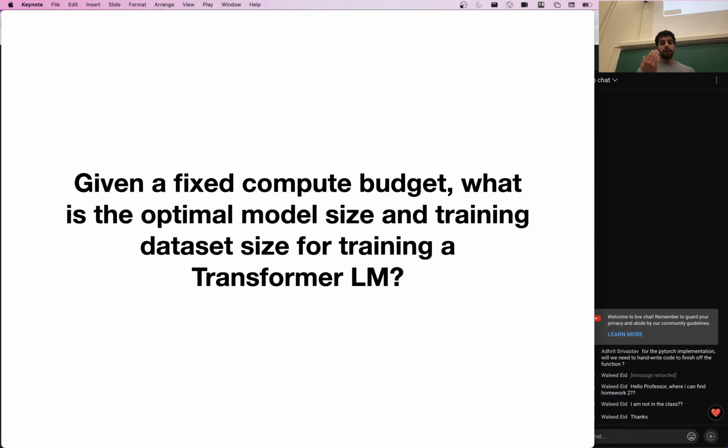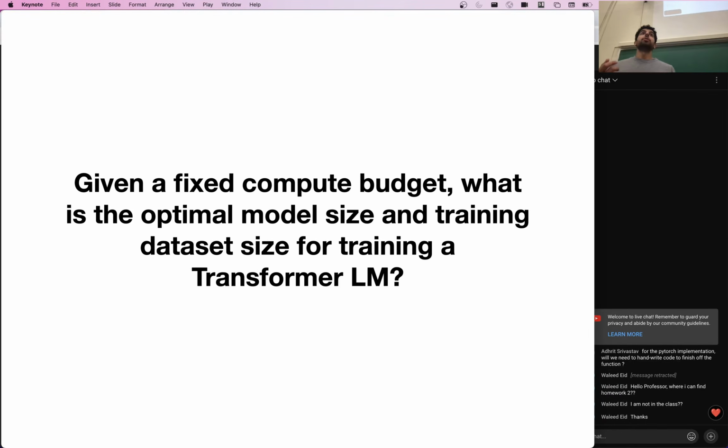Because if we wanted to empirically measure this, we would have to train a huge number of language models with different compute budgets, varying the model size and data set size, and then try and fit some sort of curve to predict for unseen compute budgets what the optimal ratio would be.